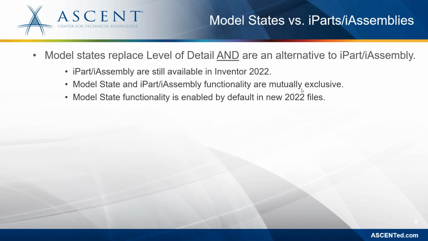Level of detail is completely gone, but model states and iParts are mutually exclusive. You can choose to use one or the other. With 2022, the model state functionality is enabled by default. That is the default with all of the Autodesk templates. But you can enable iParts and iAssemblies, in which case model states are just turned off.